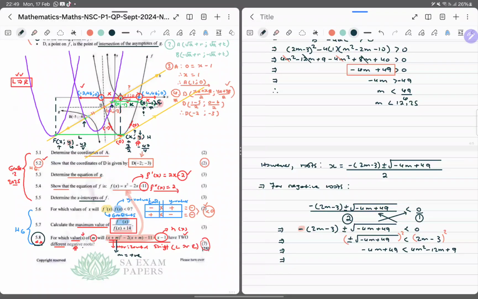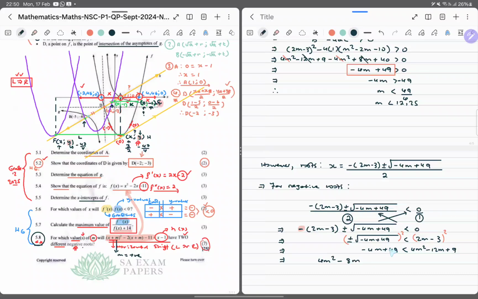And then we try to write this inequality by making sure it's 0. So obviously when I take this to the other side and rearrange, it's going to be 0 is less than whatever this is. So this means essentially 4m squared, now minus 12 plus 4 is going to be minus 8m.